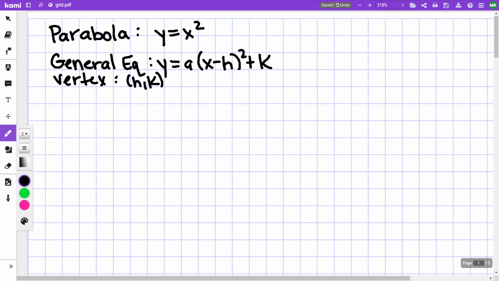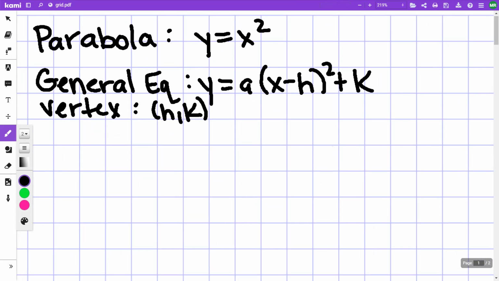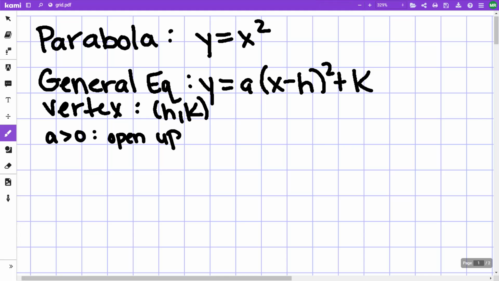And then we talked about the movement the other day, but let's have it here officially. So when we're doing this, remember our a, if it is greater than 0, which basically means positive, it's going to open up. If our a is negative, which means less than 0, it's going to open down.